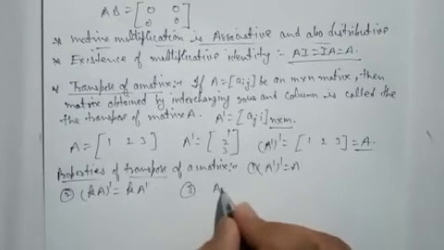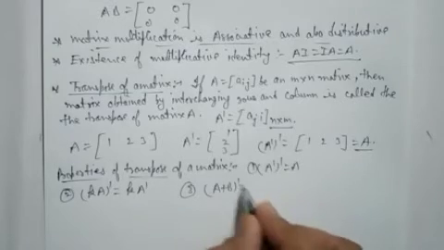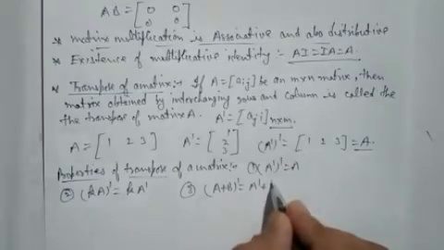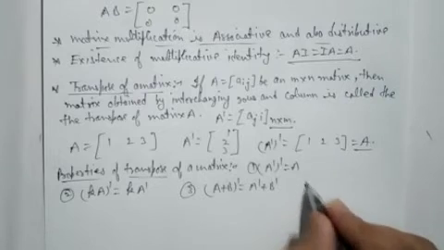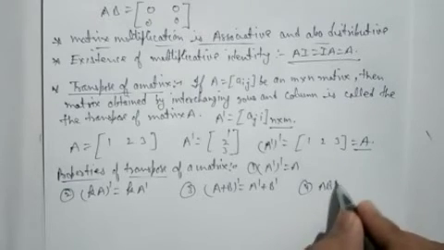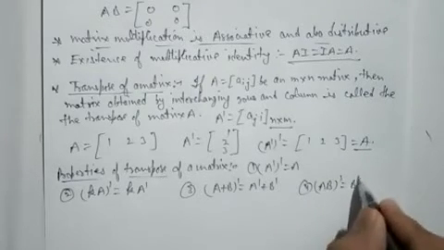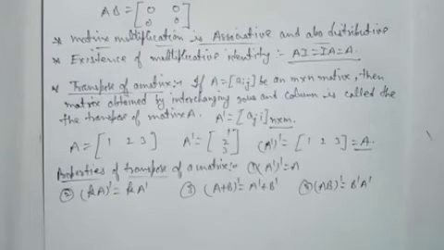Third is, (A plus B) transpose equals, we can take individually transpose. And fourth is, (AB) transpose equals B transpose A transpose. In case of transpose of a multiplication, this is (AB) transpose.